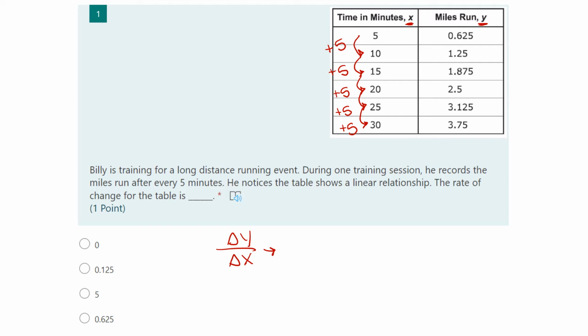On the y column, we're going from 0.625 to 1.25, which is going up 0.625.